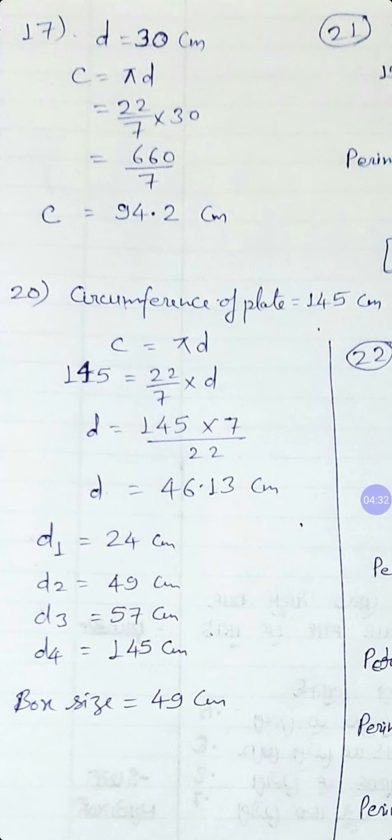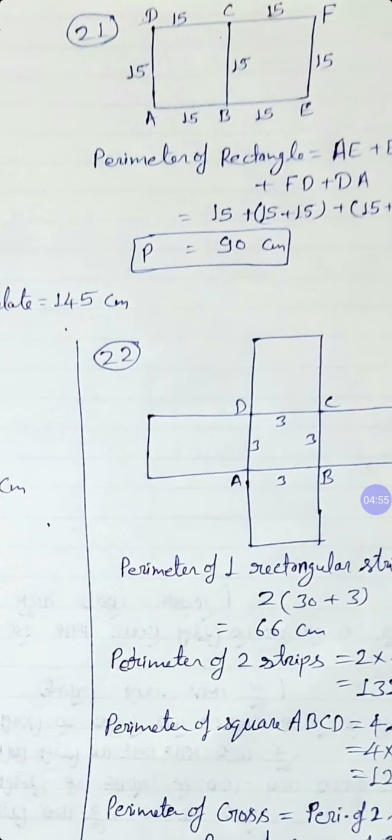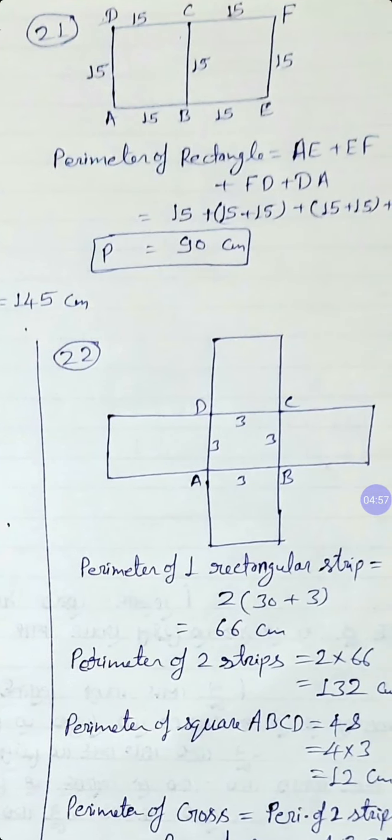Next 57 is also larger than 46, so we can also put the plate in this one, but this is a little bit larger. Before that we already have 49, so 49 is the smallest one where we can pack our plate, so box size will be 49 centimeter. Okay, so this is how we solve this question.